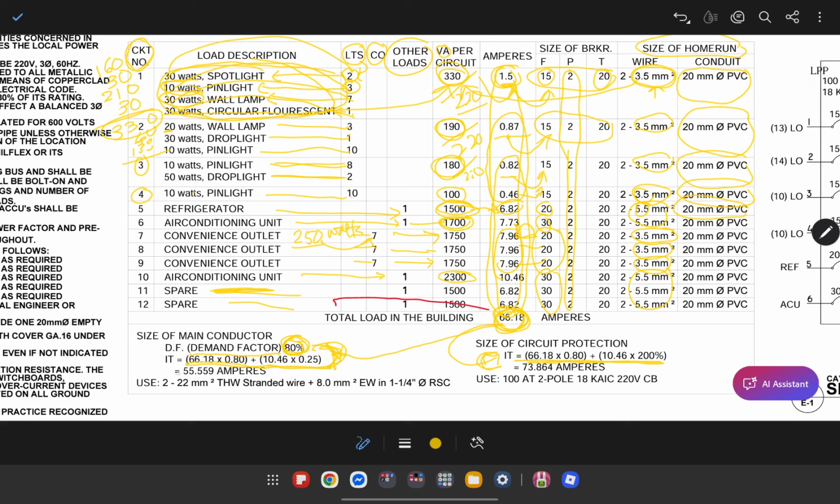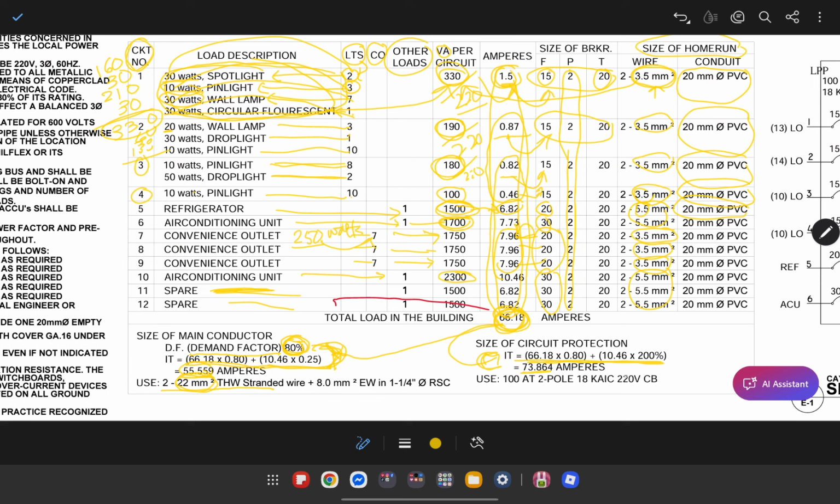But in this case, it has been computed that the amperes that will be used as a reference for sizing the main conductor would be 55, while the wire would be 73. So this is the size of the wire that you're going to use, 22 mm squared.